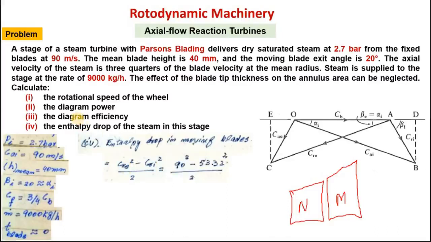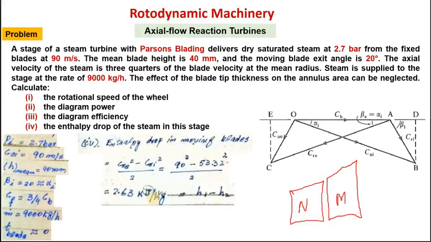So just put values: 90 meters per second whole square minus 53.32 meters per second square. This is kinetic energy, no m dot, so it means this represents the energy per unit mass. So the answer is 2.63 kilojoules per kilogram. That is the enthalpy drop in the moving blades.